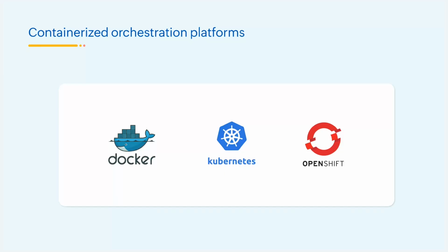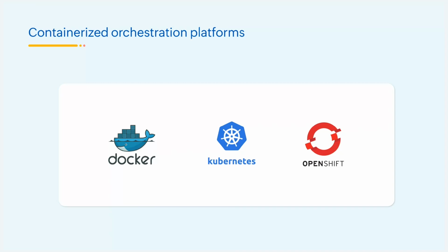Containerized orchestration platforms. When I say containers, containers have transformed the way applications are built, not only built, but deployed and then managed. But when working at scale, we need robust orchestration platforms. Let's take a look at three major players in the space. First, Docker, the pioneer in containerization. It allows applications to be packaged and run anywhere.